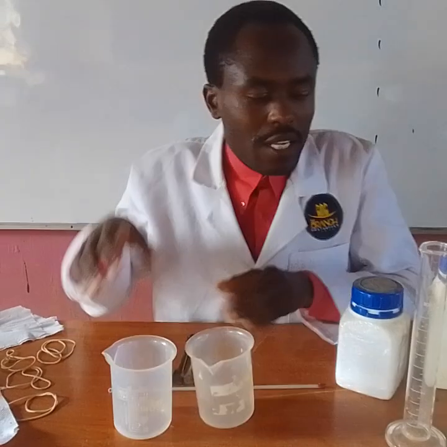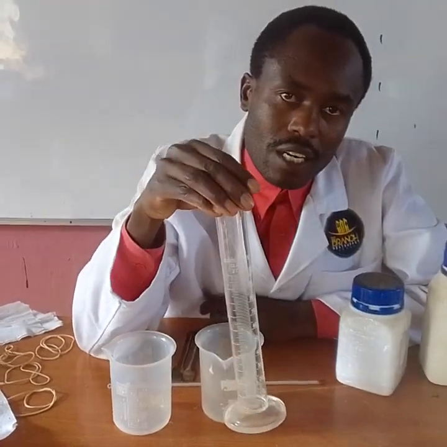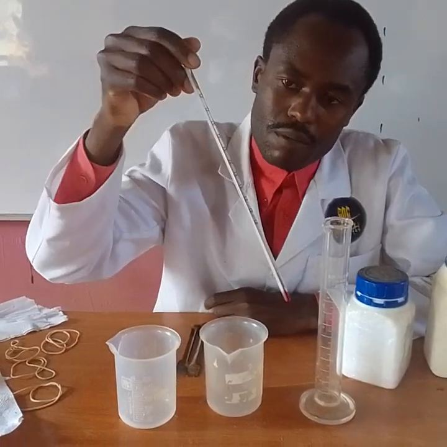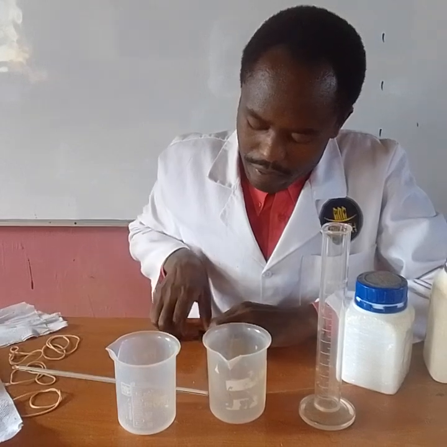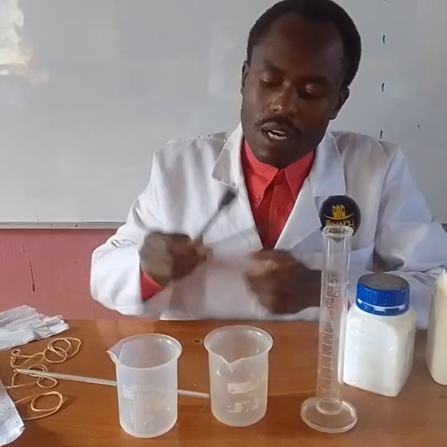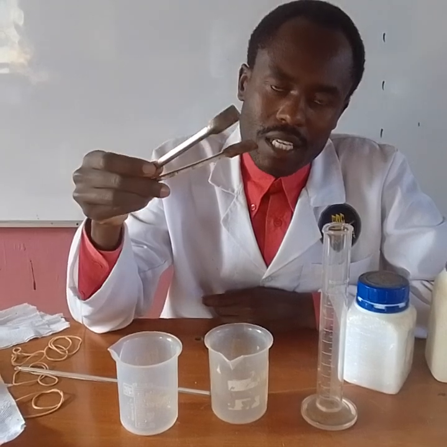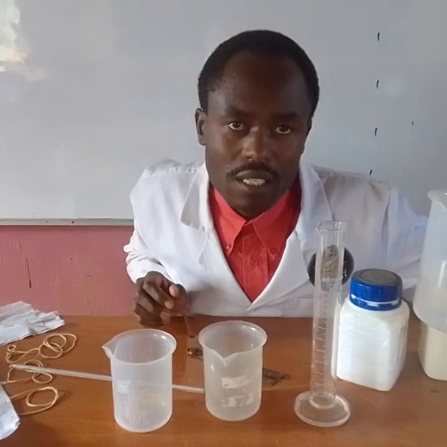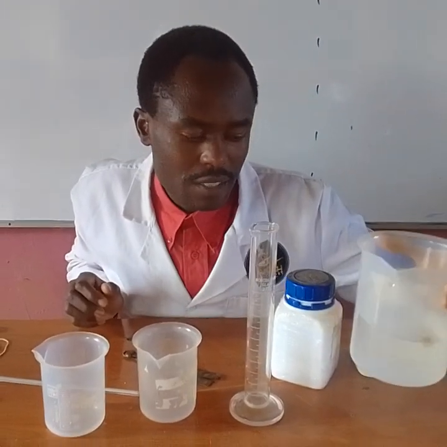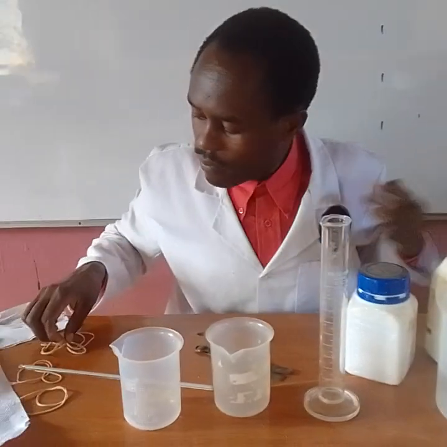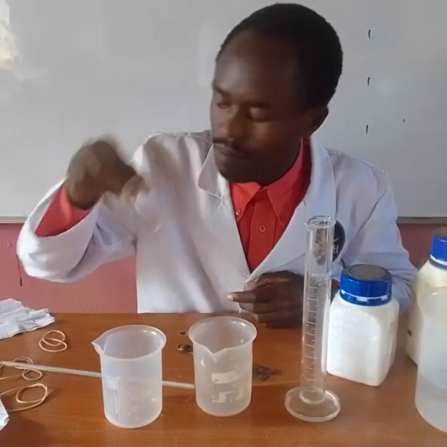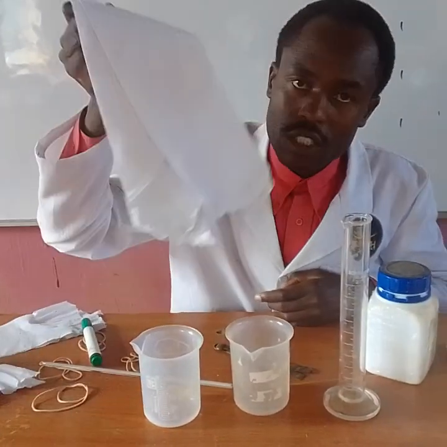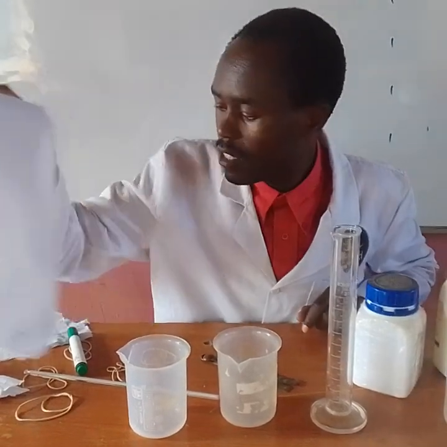Then I have a 100 ml measuring cylinder, a thermometer, metallic spatulas, distilled water in a plastic beaker, rubber bands, and pieces of tissue paper.